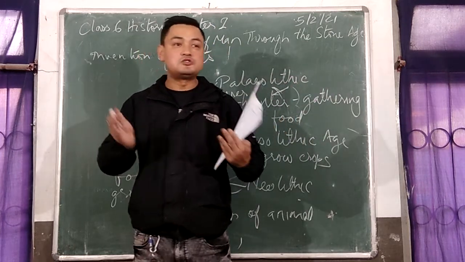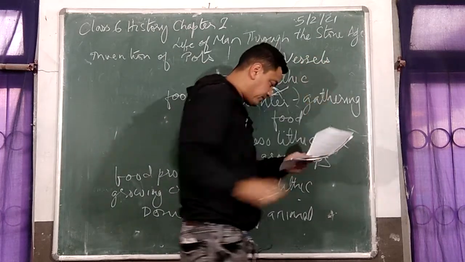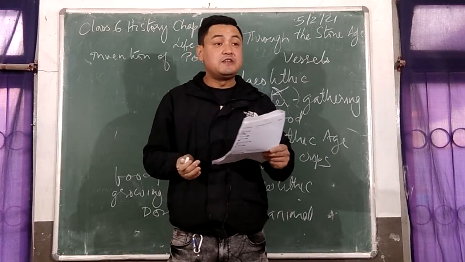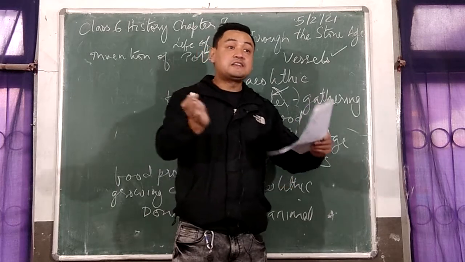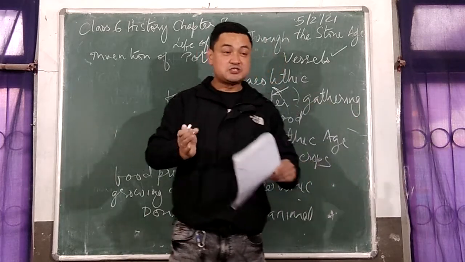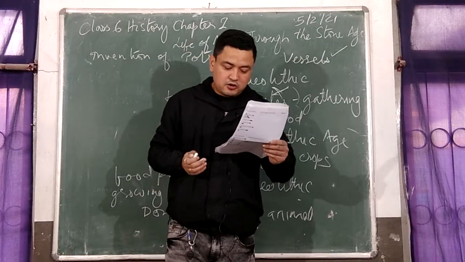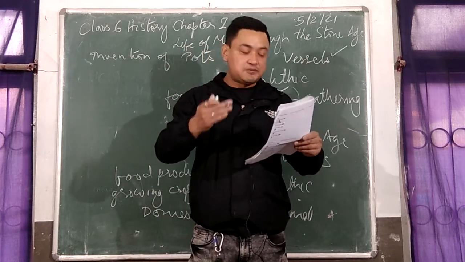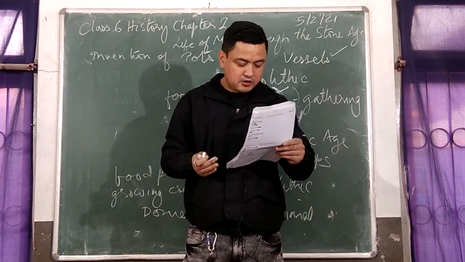They are also called vessels. So when man became a food producer, he felt the need for vessels. He wanted to make vessels in order to store extra food, extra crops, or a container for storing surplus food, grains or milk products.